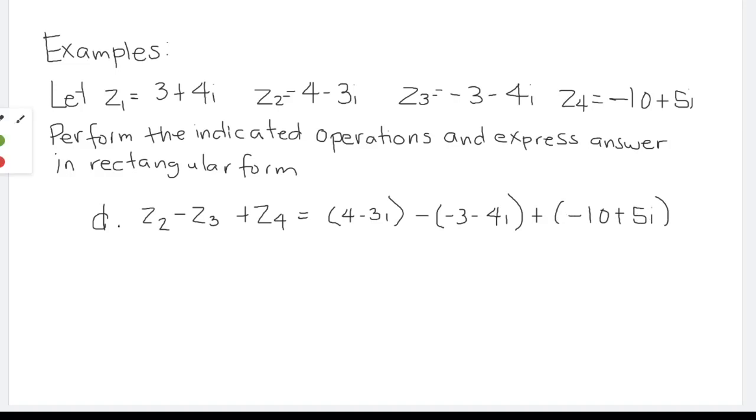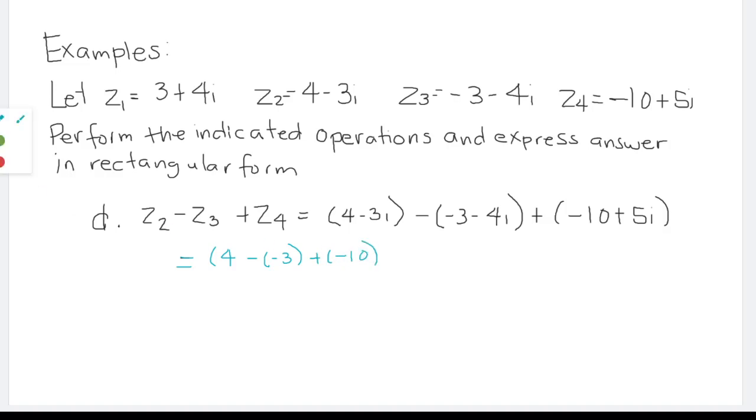So this time we add all real parts: 4 plus 4, since minus negative 3 is plus, then plus negative 10.